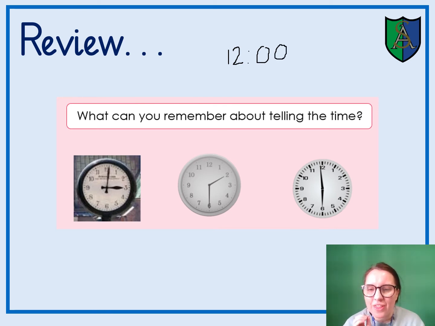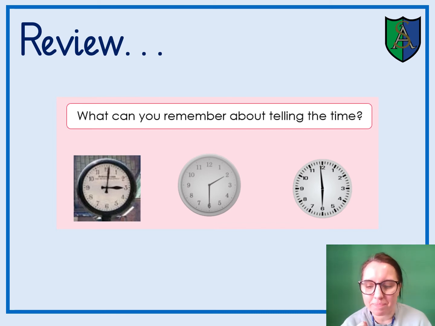So that is the digital way of telling the time, but we've been focusing on the analog way of telling the time. Now, when you get into year 3 and year 4, you probably will be starting to learn a little bit more about digital, but I just thought I'd give you that piece of information now so that you know that there are 2 different ways you can tell the time, okay? But like I've said, we were focusing on the analog way of telling the time, okay?